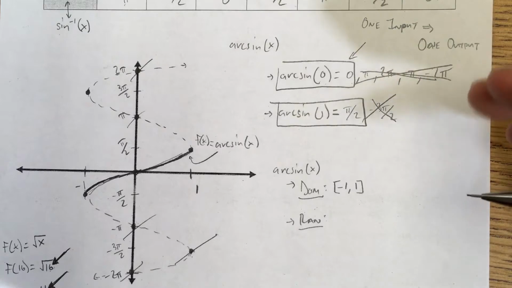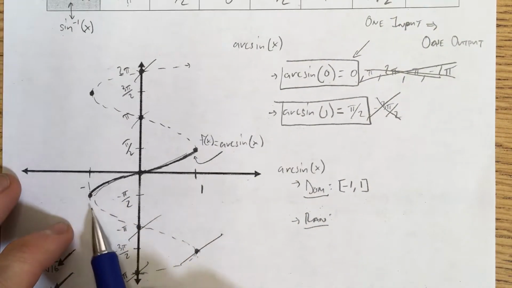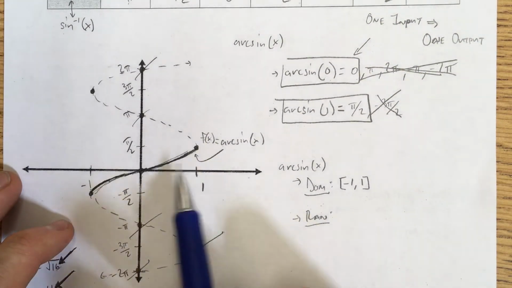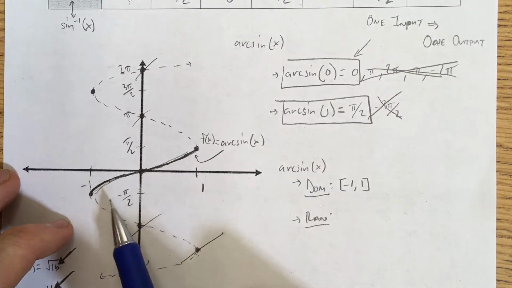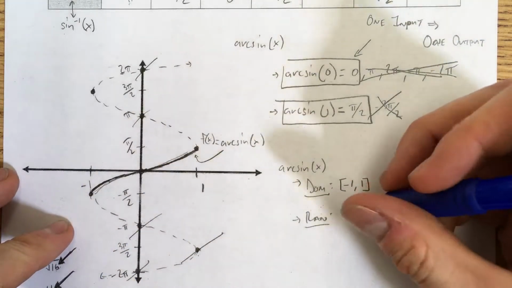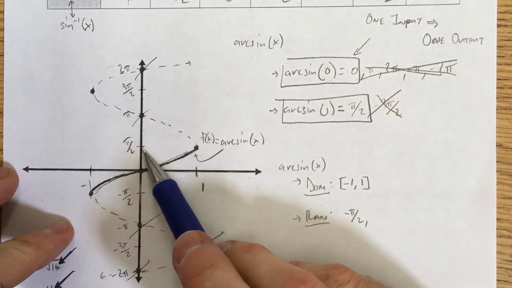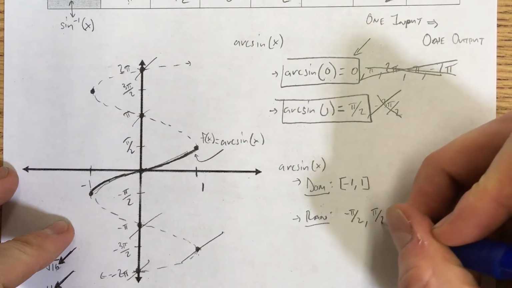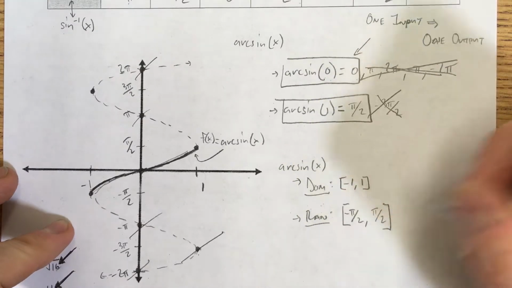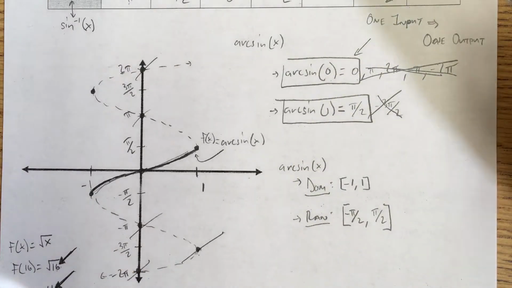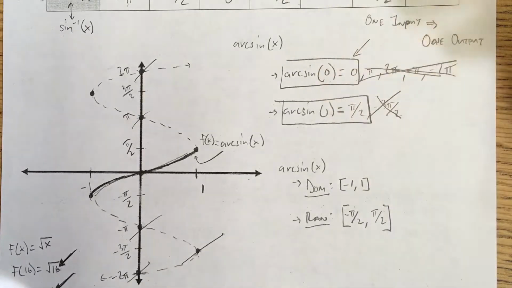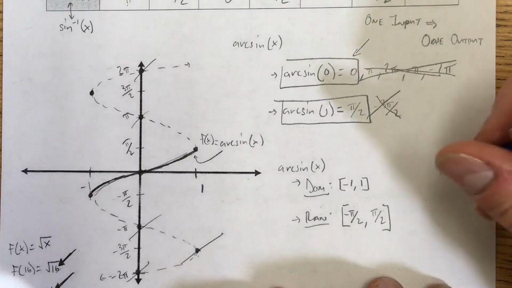Similarly, if we look at the range, the y values, I don't care about the dotted piece. I only care about this solid portion. And so how far low does it go? It goes down to -π/2. How far up does it go? π/2. It does touch at each of those, and I want to include them. So everything in between -π/2 to π/2, including those two values. That would be our domain and range for arcsine.